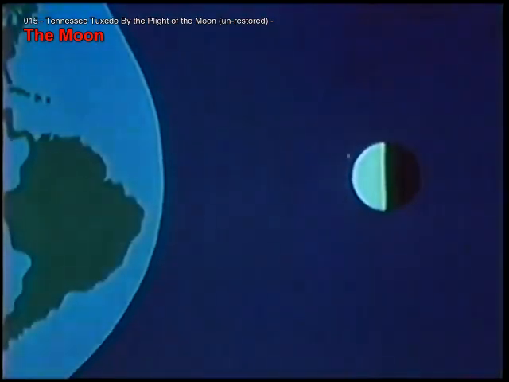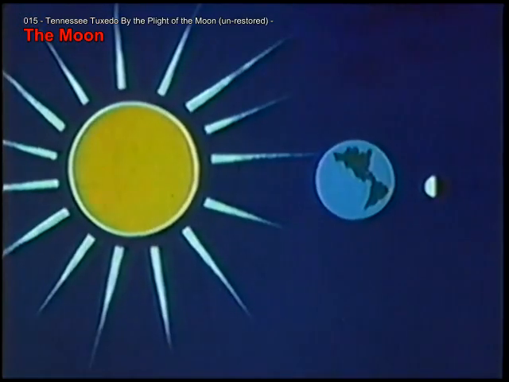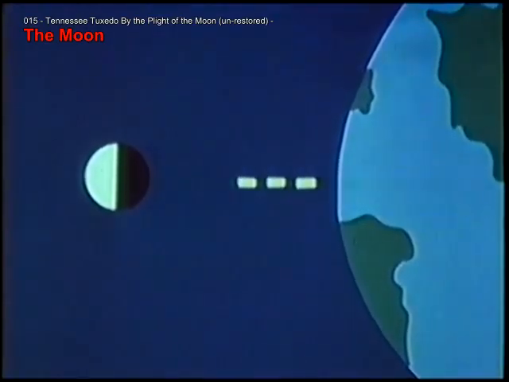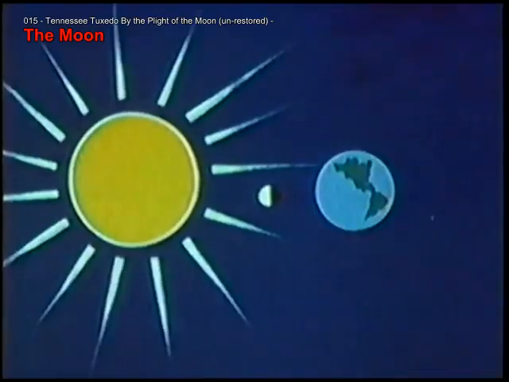Then the sun can shine on all of the side toward the Earth, and we see the moon as a full circle. But 2 weeks later, the sun, Earth, and moon are in this position, with the moon in the middle. Then the side of the moon toward the Earth is not lit up at all, and the moon seems to have disappeared. In between times, as the moon circles around the Earth, we see only a portion of it lit up like this.